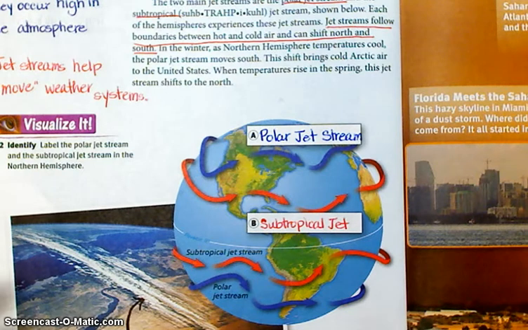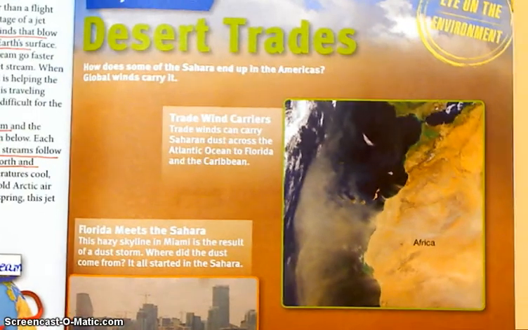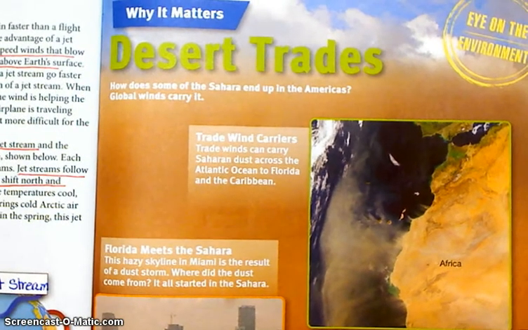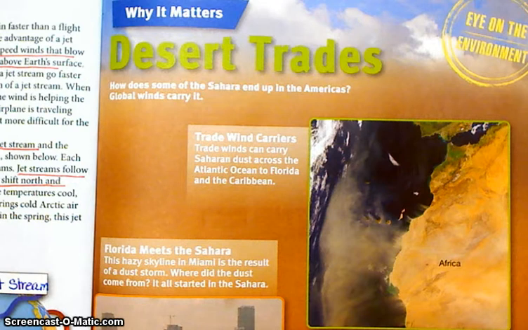Why does all of this matter? Well, we need to understand that what happens in one area of the world can influence what's going on in our part of the world, because global winds can carry weather systems, sediment, things like that. Winds can move things around all over the globe.